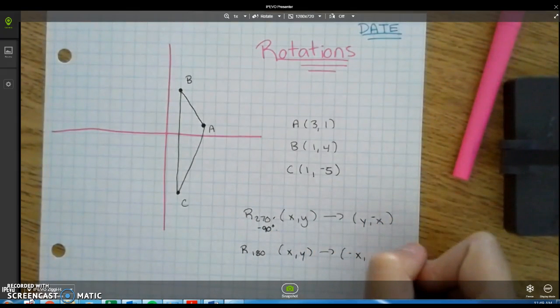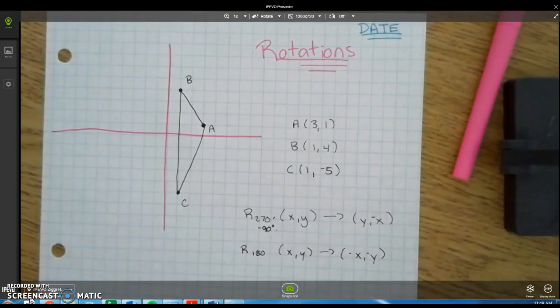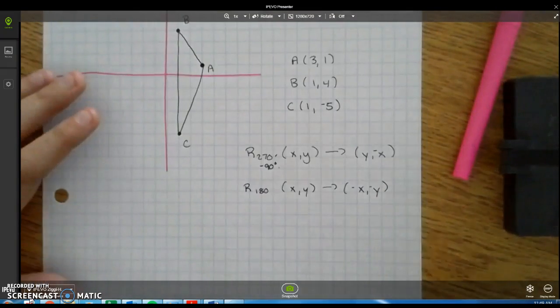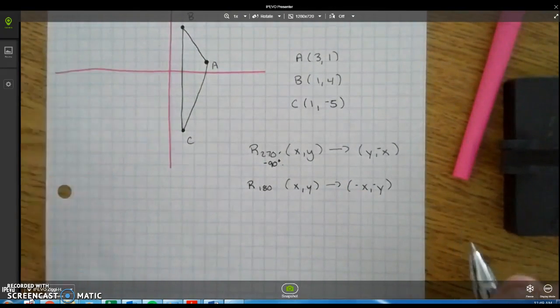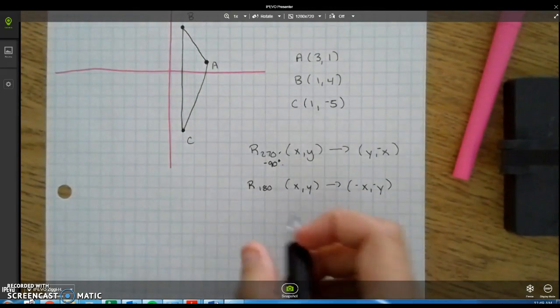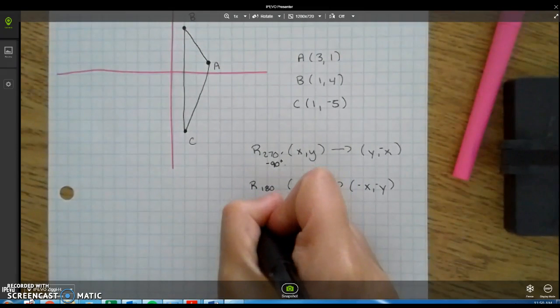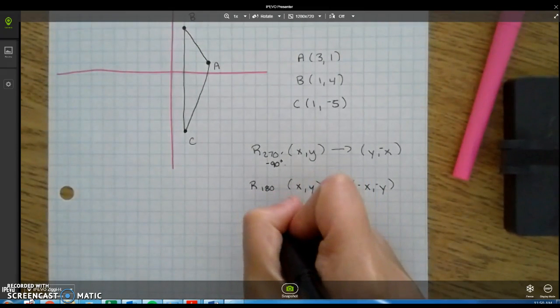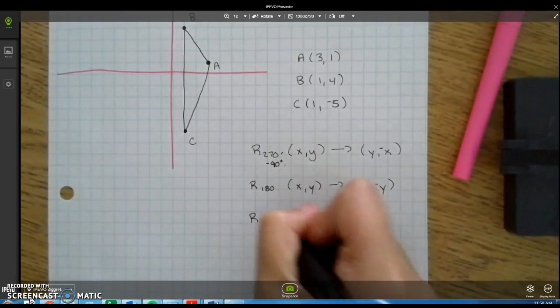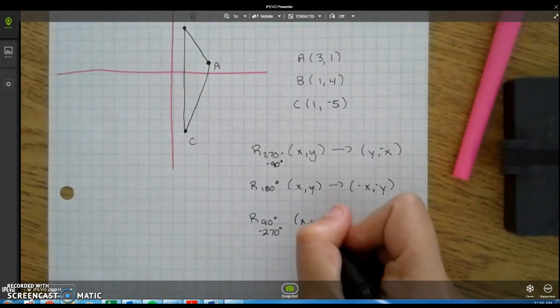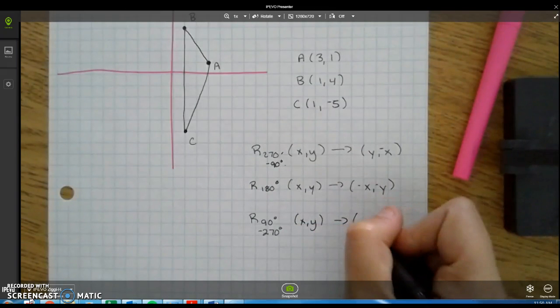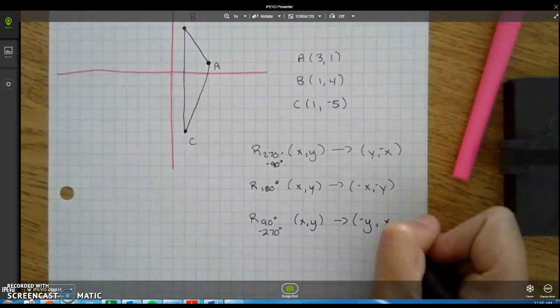That's where these will both negate. And this would be the same either direction, 180 or negative 180. And a rotation of 90, or negative 270. We have (x, y) becomes (y, negative x).